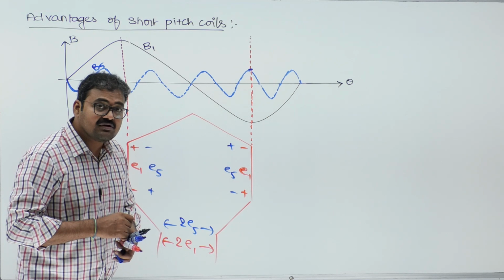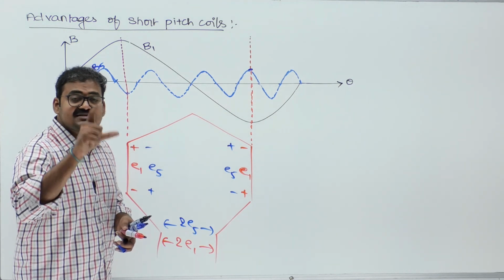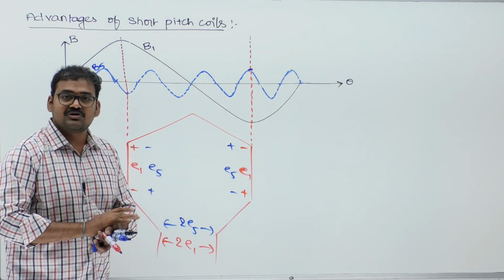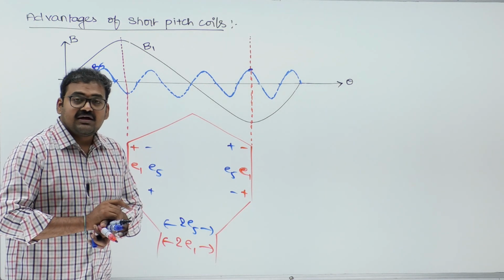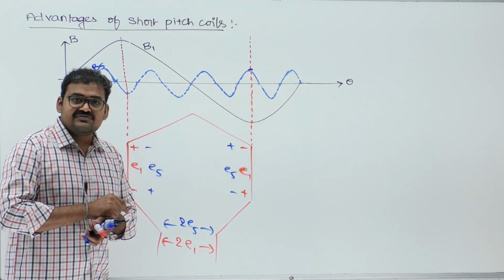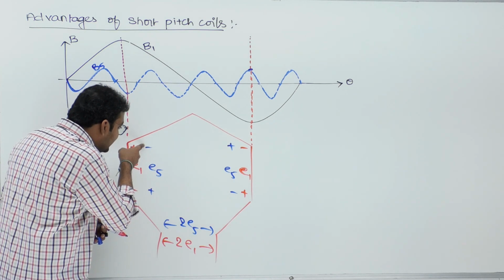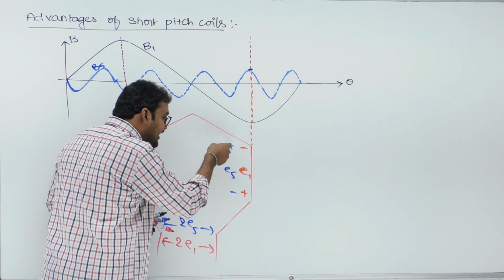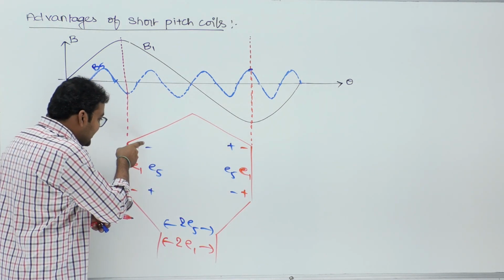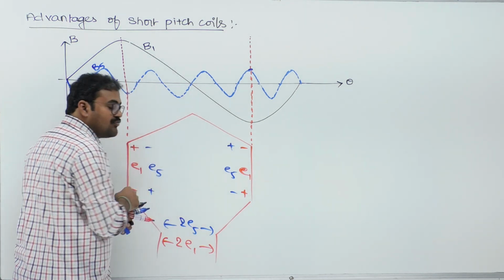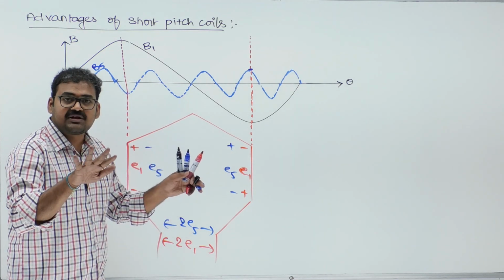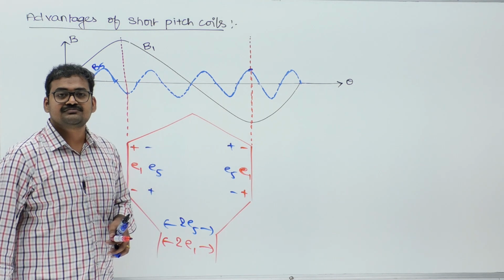So what is our aim? Our aim is to make the resultant fifth harmonic voltage equal to 0. Can I say the resultant fifth harmonic voltage will be 0 if a minus term is connected to again a minus term? If minus is connected to minus, voltages will subtract, and the resultant voltage becomes 0.